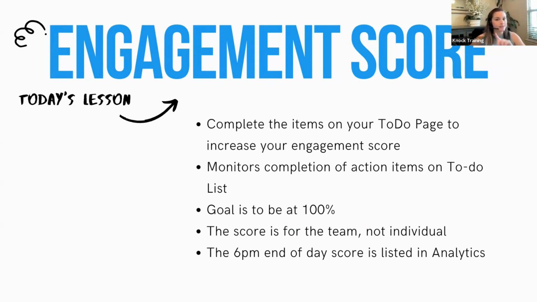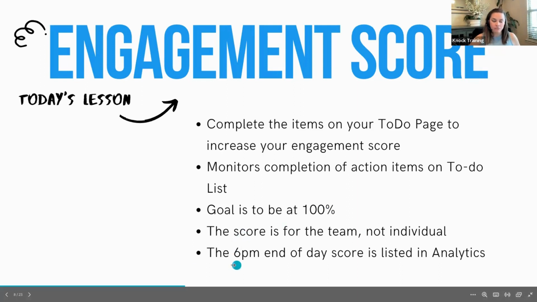Now, this score is not an individual score, it is a team score. So all of our team members are working together to make sure that we are hitting and meeting and completing all of our items on our to-do list. Now, this is going to end at 6 p.m. every single day. So let's go into the system and let's take a look.